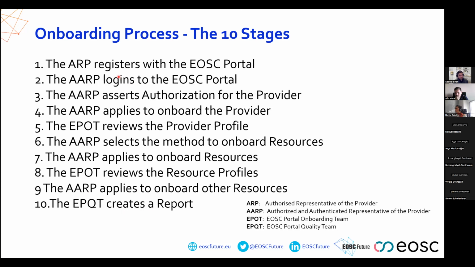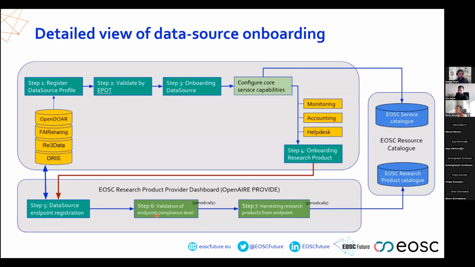So now we will take a look at data source onboarding. This process was for services and resources, but we have a special resource which is called a data source. It is a little bit more extended than these 10 stages. So here in step 1, as we saw, they register their data source profile in EOSC.